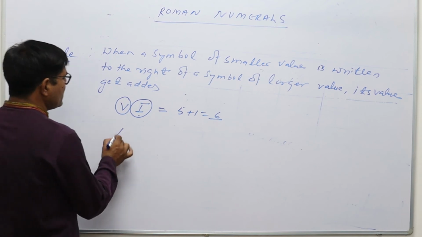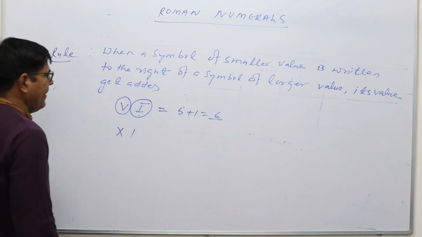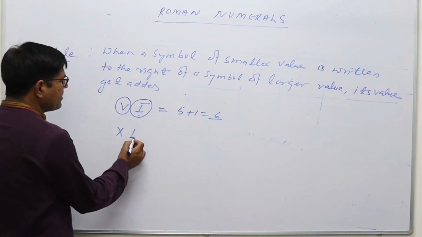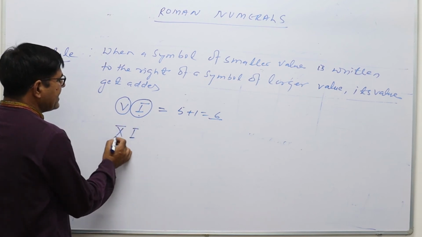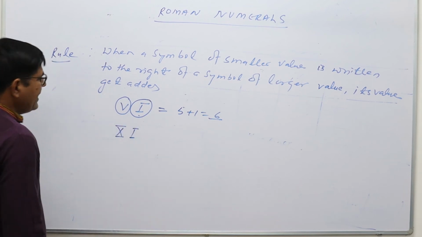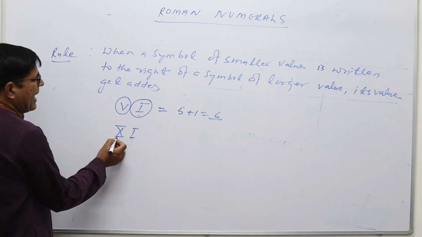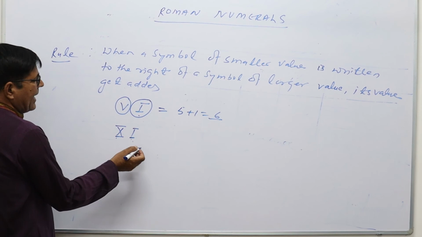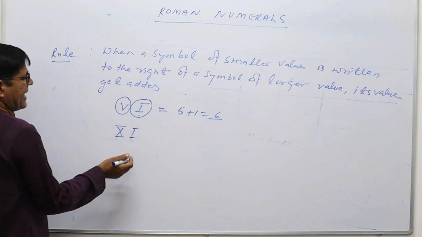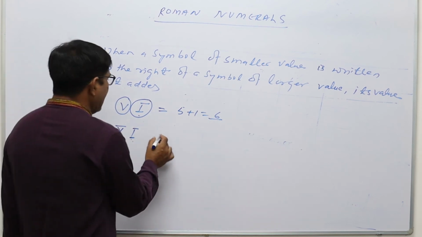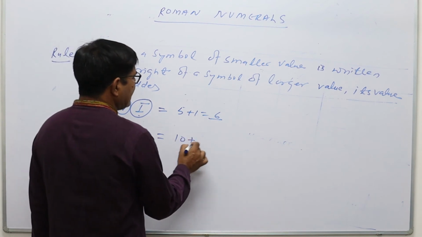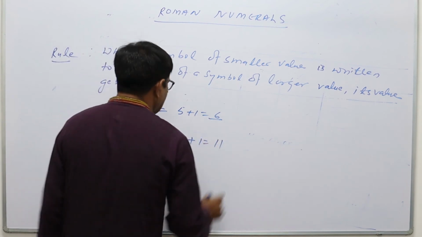Similarly, let us suppose XI is written. Here I is the smaller value and X is the larger value, and the smaller symbol is written on the right side, so it will be added: 10 plus 1, that is 11.